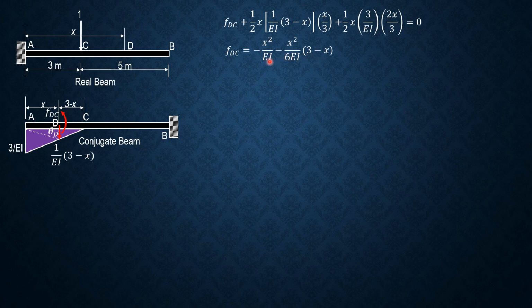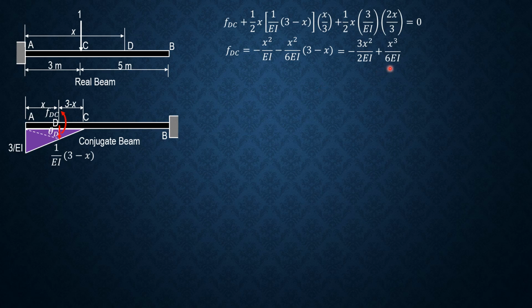So negative x squared over EI minus 3x squared over 6EI, this is negative x squared over 2EI combined with negative x squared over EI, so that would be negative 3x squared over 2EI, then plus x cubed over 6EI.